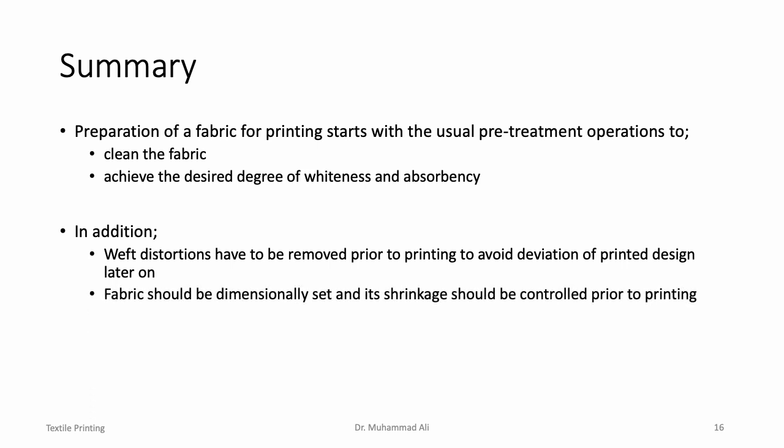In addition, the fabric should be dimensionally stable and its shrinkage should be controlled as much as possible before printing. During printing itself, the fabric surface should be free from any surface depositions such as dust, lint, or loose threads.